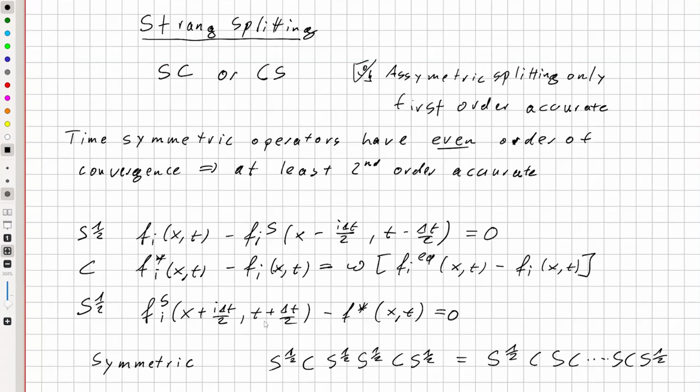So we don't actually have to split it up like this. But this explains the surprising observation that if we just don't care and do streaming and collide, we don't have the splitting error. We have the splitting error only in the beginning of the simulation and at the end of the simulation, and otherwise we are second order accurate.